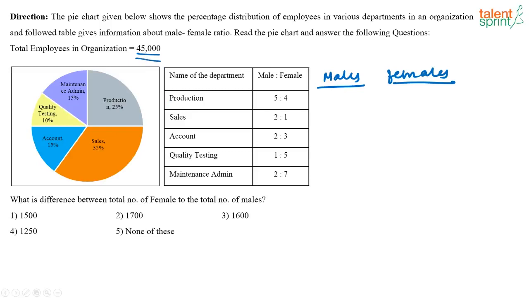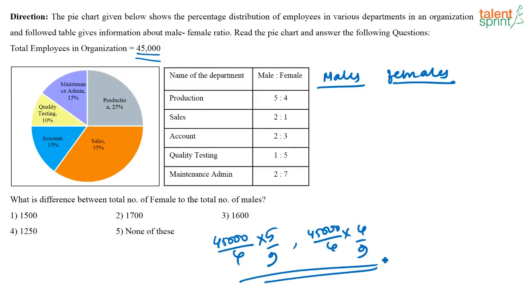Out of this 45,000 people, how many people belong to production? 25% of the people belong to production, that is nothing but 45,000 by 4, right? Out of this 45,000 by 4 people who belong to production, how many male members are there? 5 out of 9, right? Of this are male, and similarly 45,000 divided by 4 into 4 by 9 are females. If you do this, you will get how many males and how many females are there. Similarly, for each you have to find out.